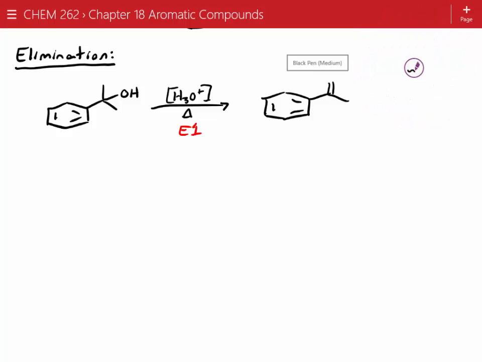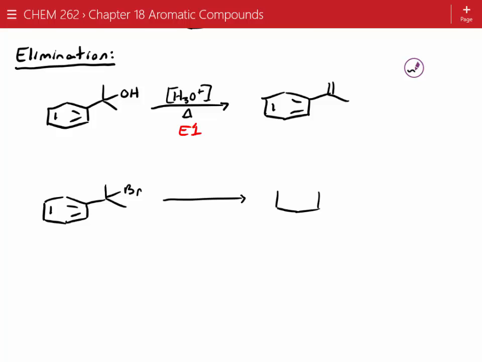Let's take a look at another example though, where it's slightly different. Let's say we already have a good leaving group and we still want to form this same product. Now what could we use?